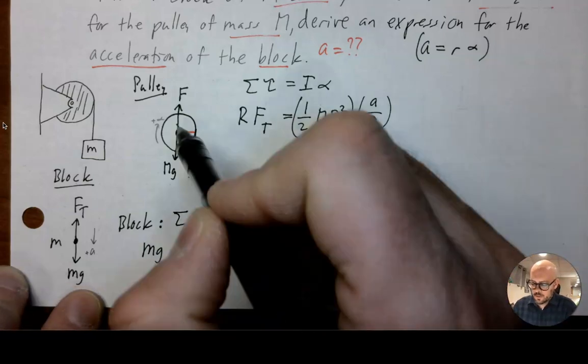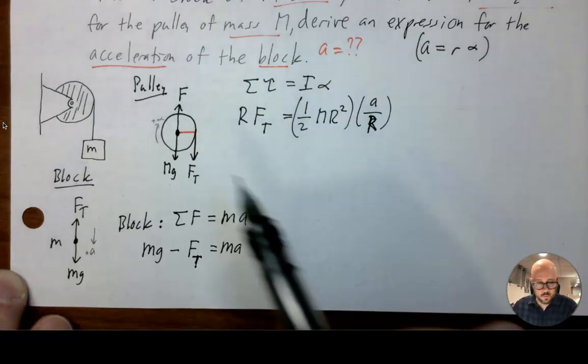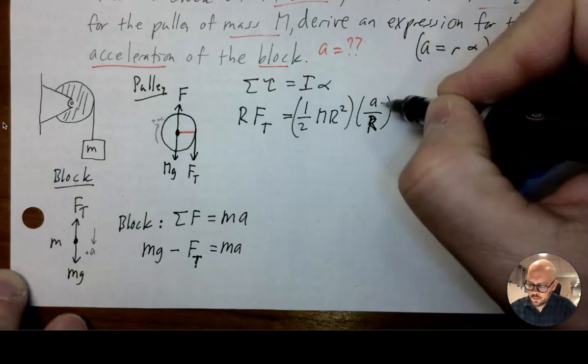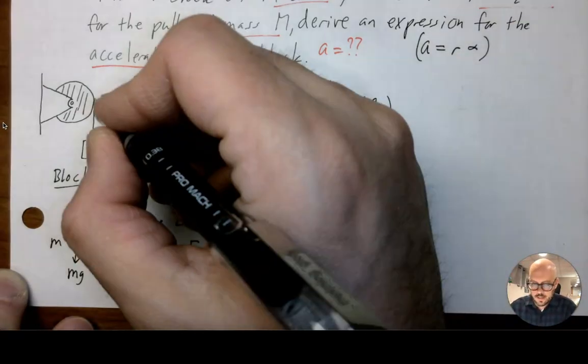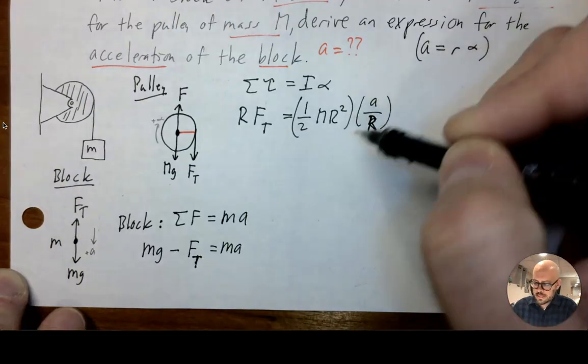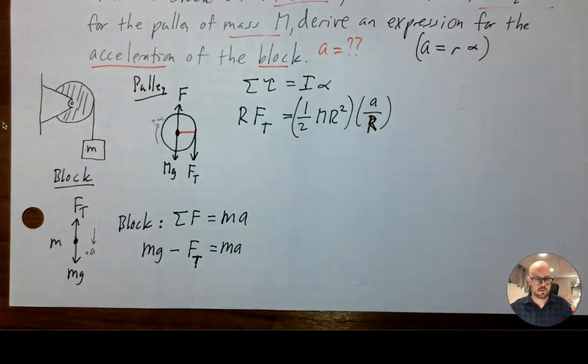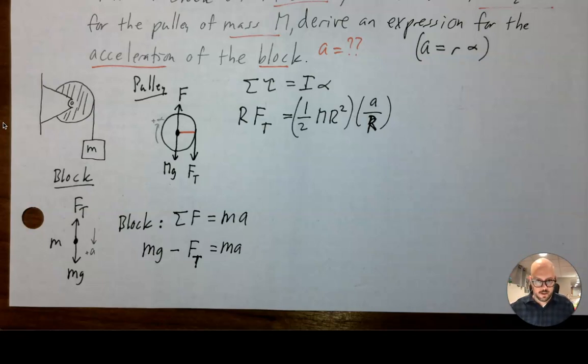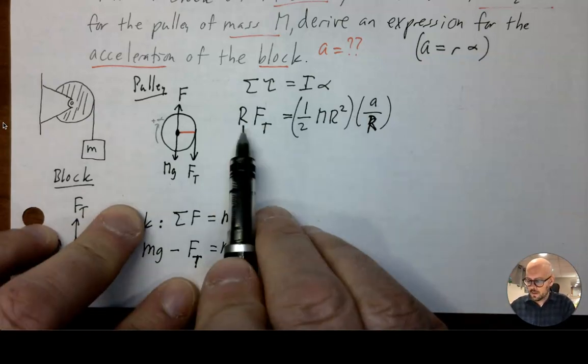So the string is kind of like part of the pulley, but also holding onto the block. In other words, the linear acceleration of the outside edge of the pulley is equal to the linear acceleration of the block. The block is connected to the string, and the string is connected to the pulley. So that is what allows us to make that combination. And so once you do that, now it's just math, but that's like the really hard part.